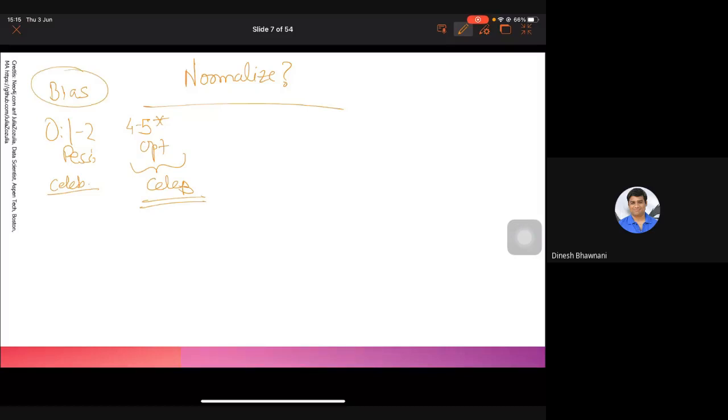One of the ways to normalize is mean normalization. So what do you have to do? You have to subtract a term from each user's rating for the given item i.